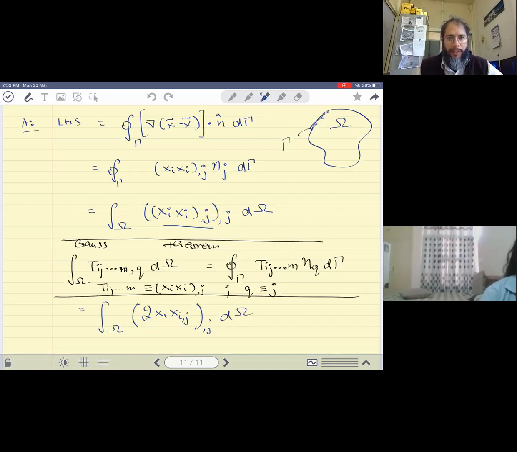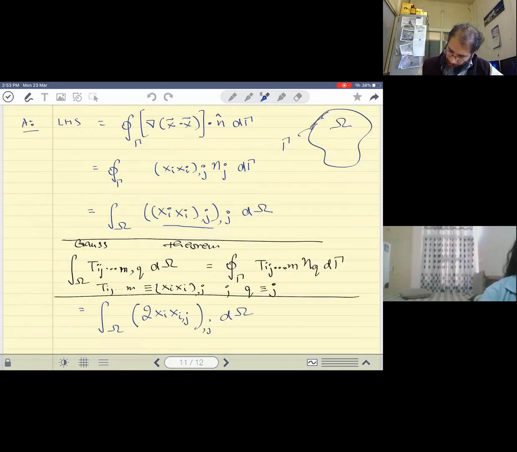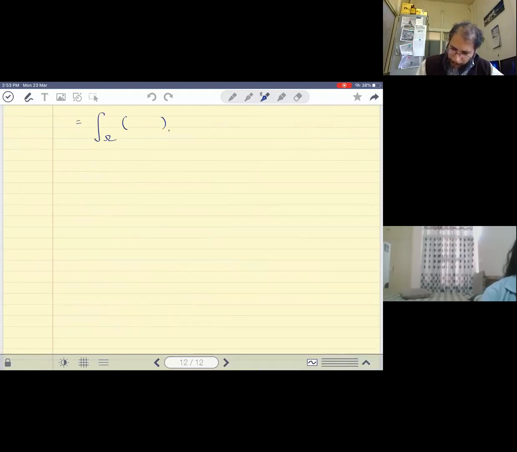Okay. Now if you remember, xi comma j was nothing but the Kronecker delta, because x here is the position vector. So when we make that simplification, that's what we get.